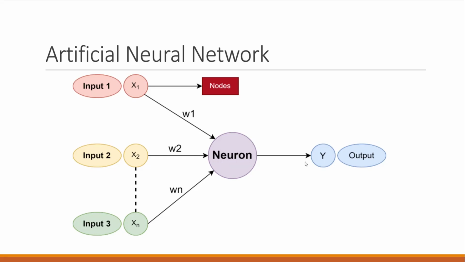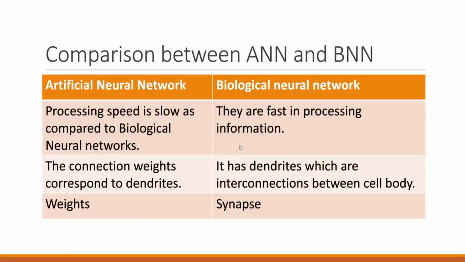Then in the second step, the activation function is applied to the linear equation. The activation function is a non-linear transformation that is applied to the input before sending it to the next layer of neurons.